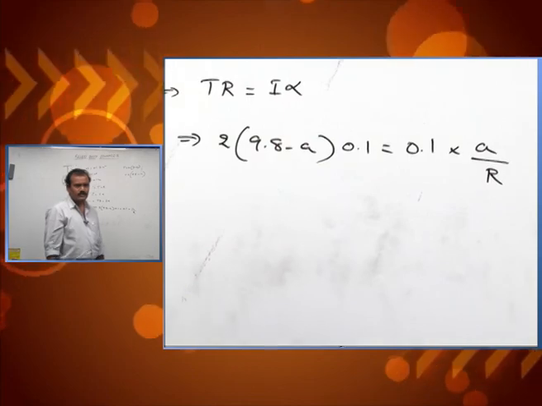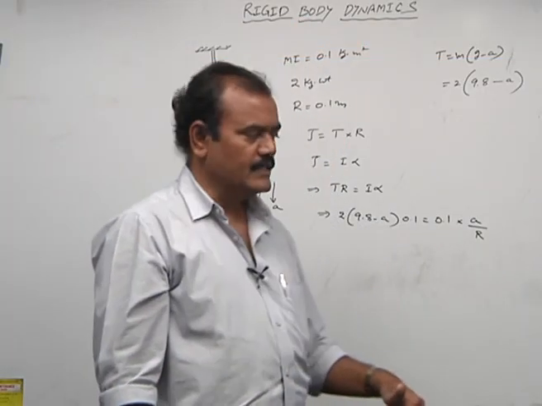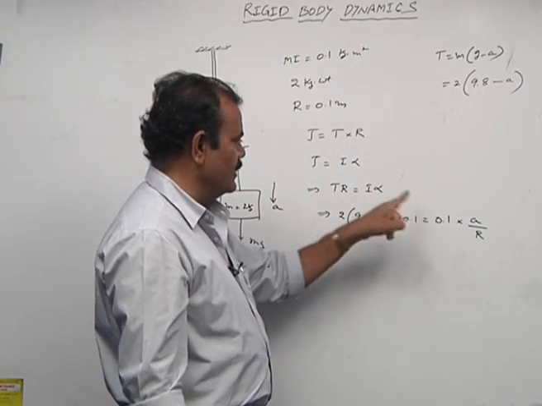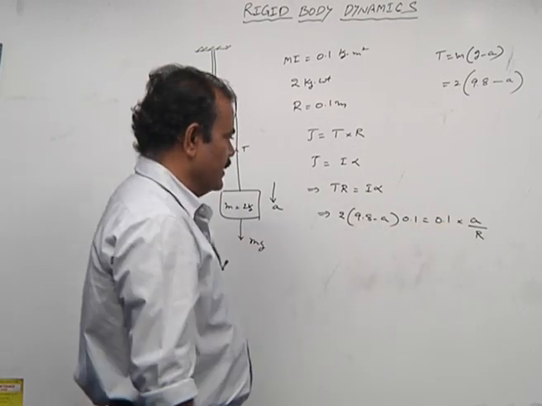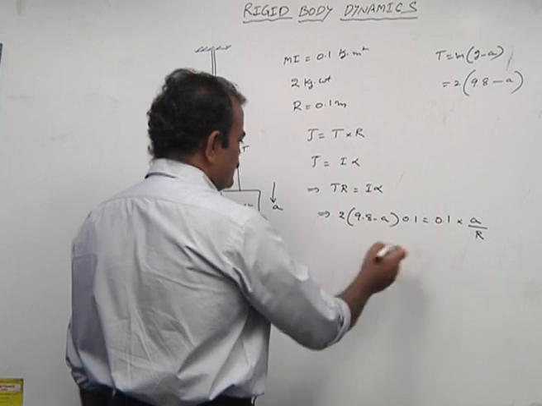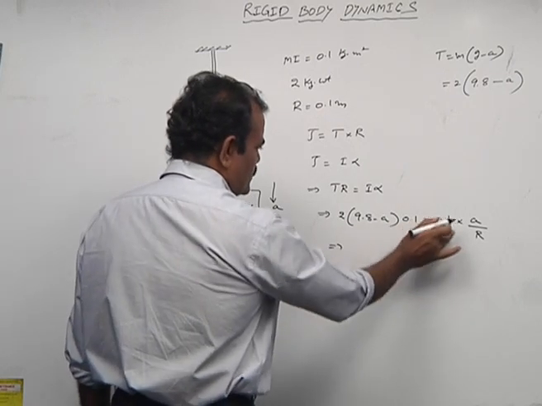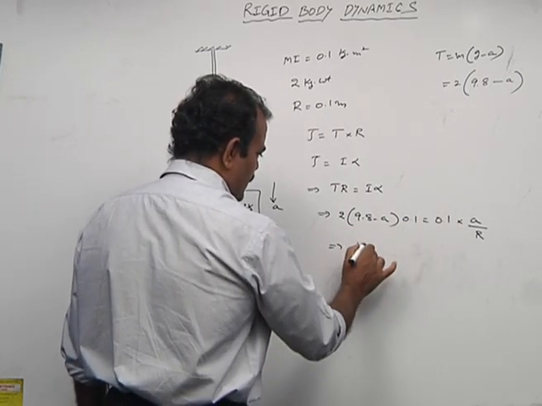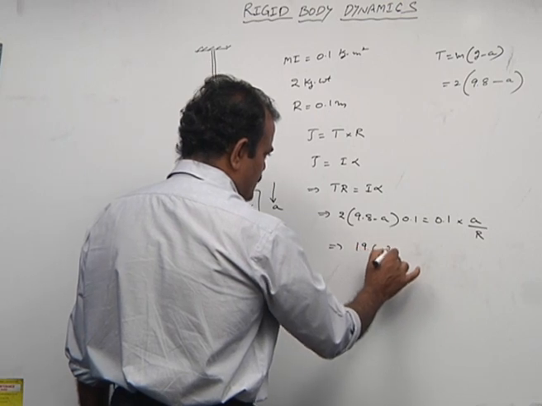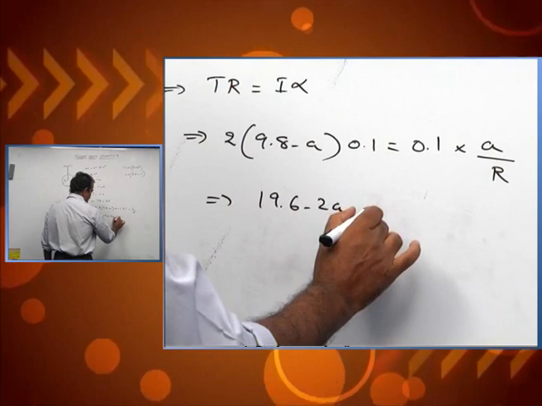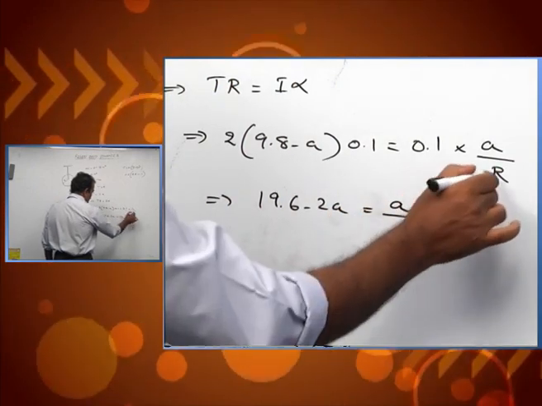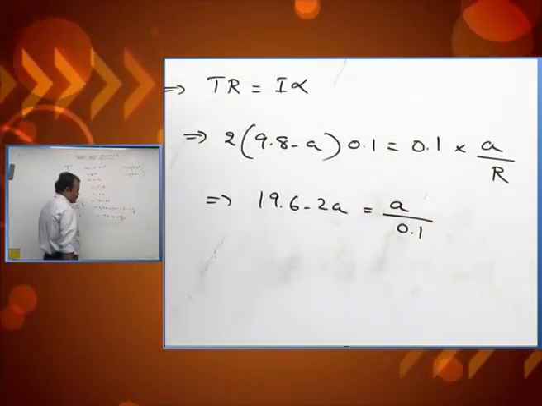Because in this problem you have to find the linear acceleration, not the angular acceleration, you have to change alpha in terms of A, that is alpha is equal to A by R. R is 0.1, so the 0.1 cancels, giving 19.6 minus 2A is equal to A by 0.1.